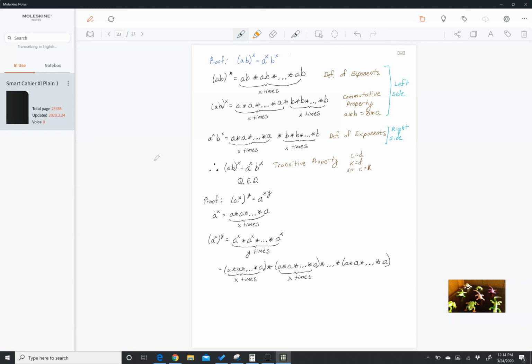All of these are just definition of exponents. So far, that's the reason for everything. And then this whole thing is happening y times. So here's what we know. We know that this is equal to A happening x times y times.